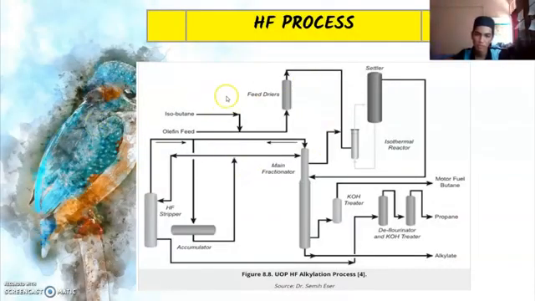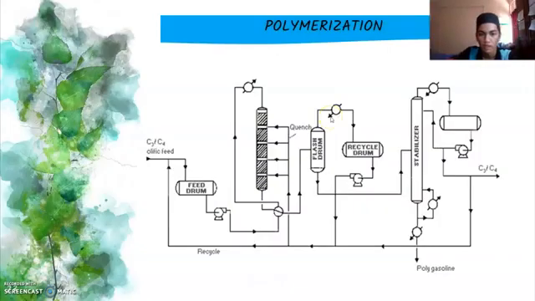So this is a schematic diagram of the hydrofluoric process. I hope you can understand the whole process in the diagram. So let's move on to the polymerization process. I think you can understand this diagram.